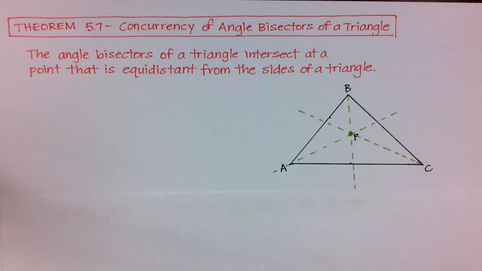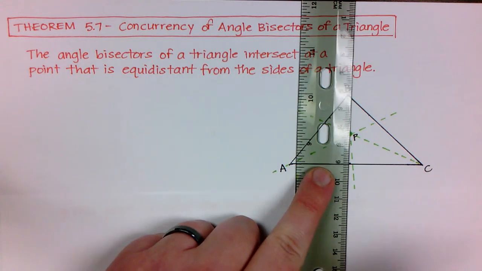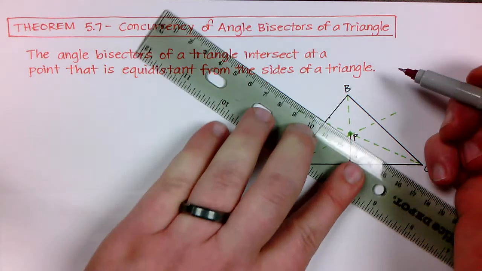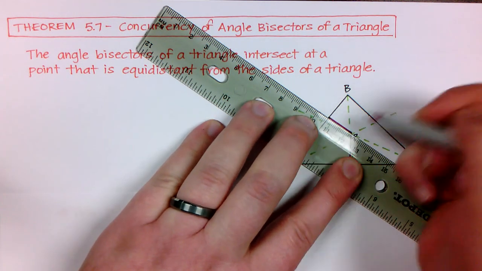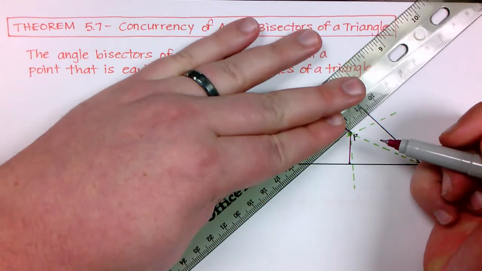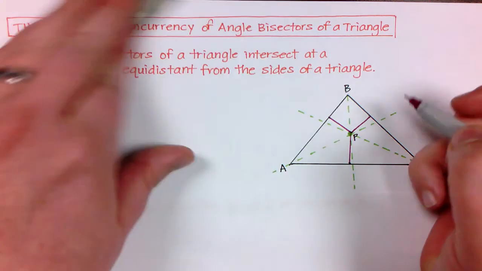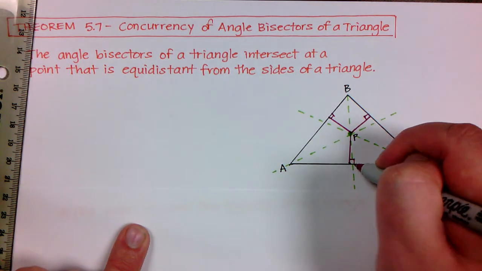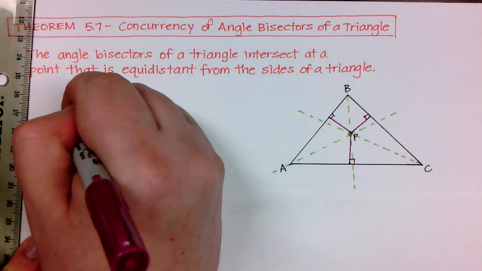Now, the way that we're going to do this is by drawing where this point comes at 90 degrees to each one of those sides. And all three of those segments are exactly the same length. It's pretty awesome.